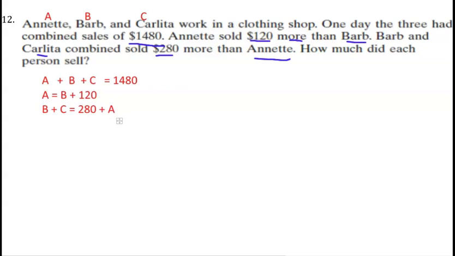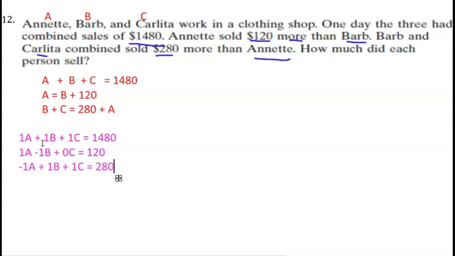From here, we want to put it in standard form and set up a matrix. So let's do 1A plus 1B plus 1C equals the $1,480. 1A minus 1B plus 0C equals 120. And then you have negative 1A plus 1B plus 1C equals 280.